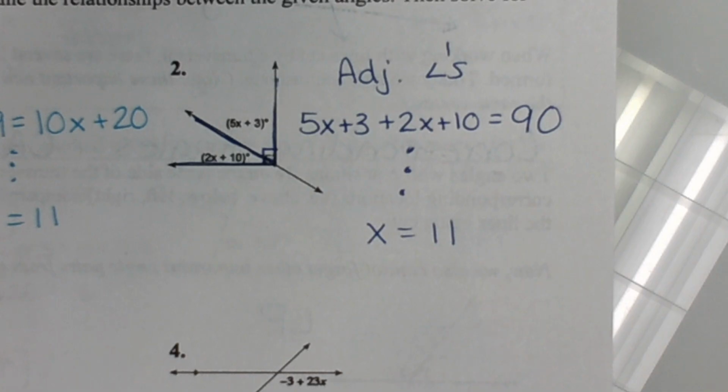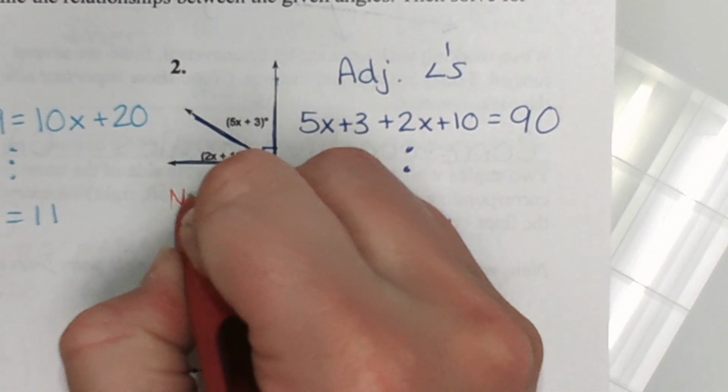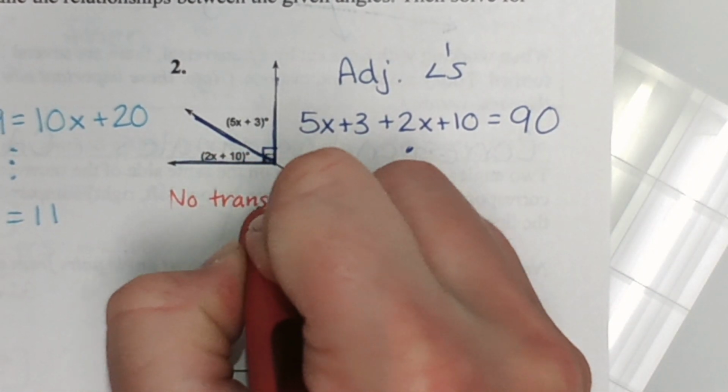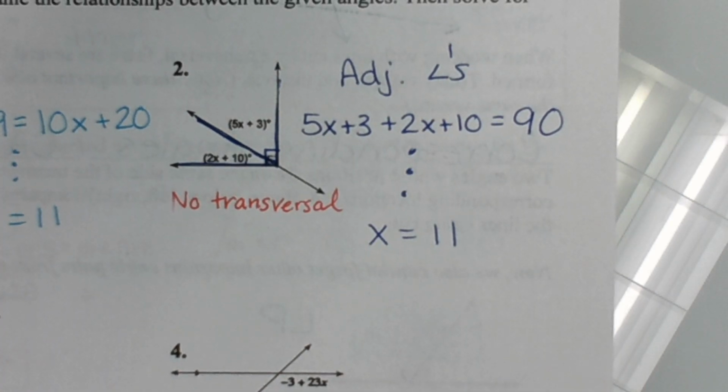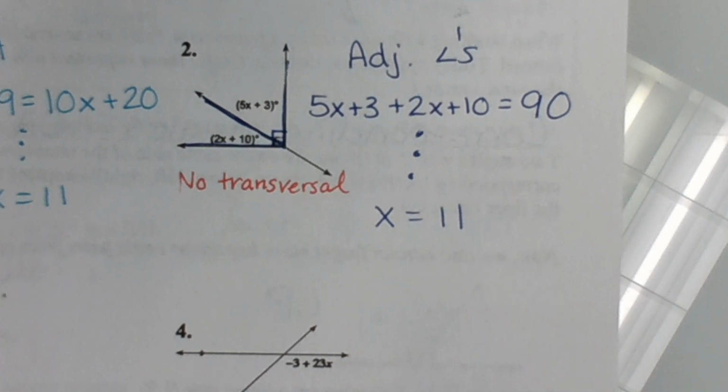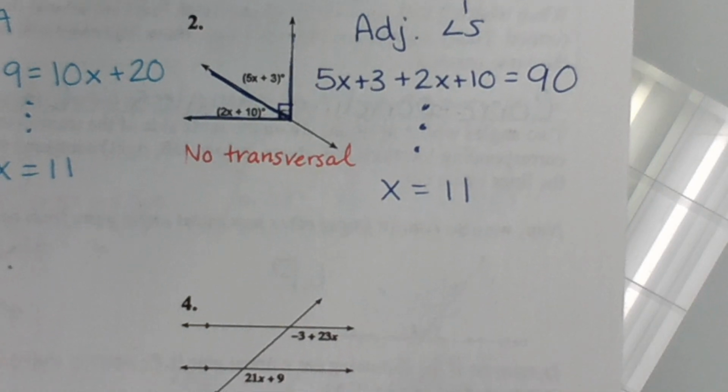No. But did I talk about transversals yesterday? No. Because the old angle pairs don't have transversals. It's only the new ones that have transversals. It's only the new ones that you have to worry about a line going through two others.